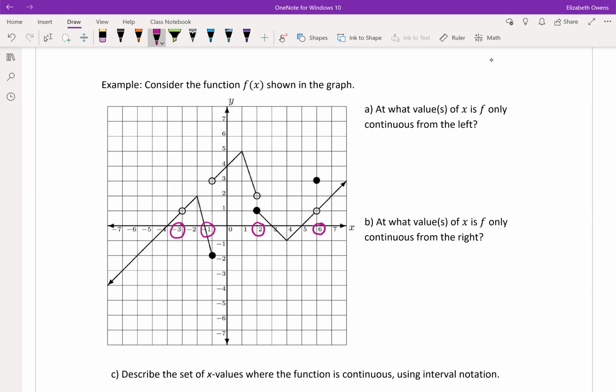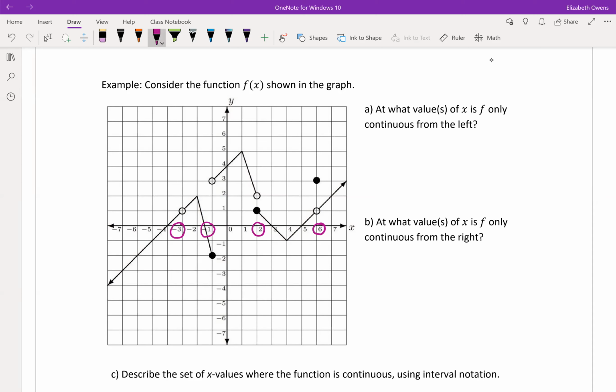We've got a removable discontinuity right here, a hole in the graph. We've got a jump right here, jumping from one piece to the next. We've got another smaller jump right here. And then we have a removable discontinuity right here with a function value, but the function value didn't fill in the hole. So we're focusing in on those discontinuous points.